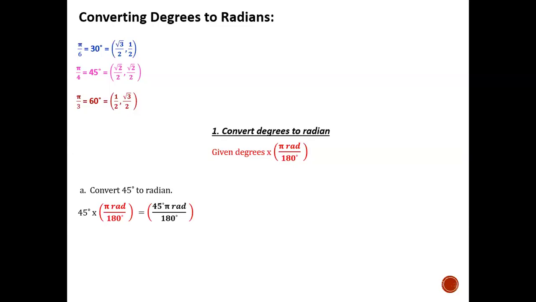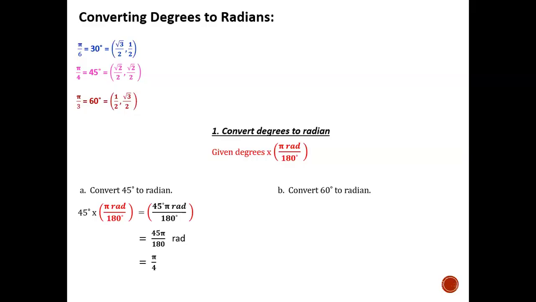Okay, so we can see that we want to eliminate the degrees, and we're left with just the value 45 pi over 180 radians. Then we want to simplify that fraction, which leaves us with pi fourths radians.